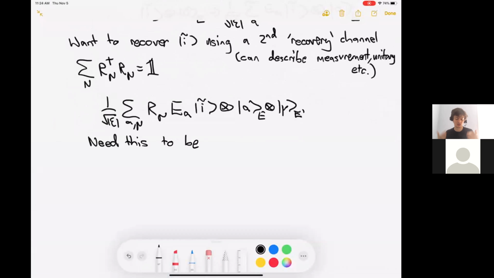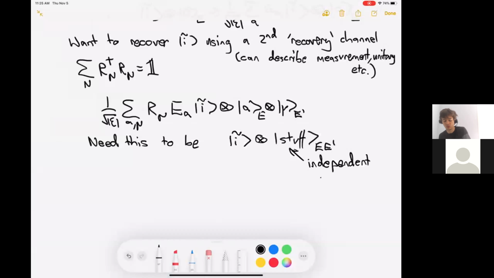And what we want is for this whole complicated state that's had this whole process applied to it to just be the state I tilde tensor some fixed state in the two environments. In particular, this state needs to be independent of I tilde.